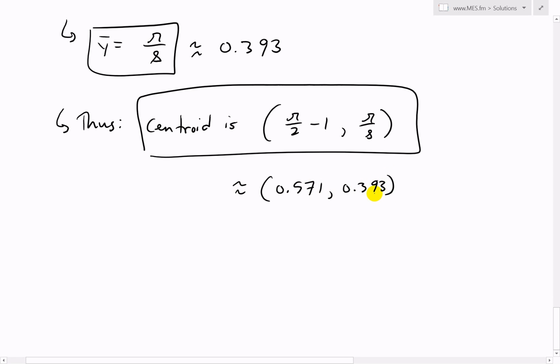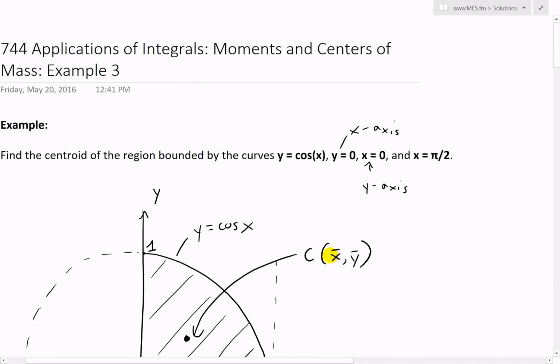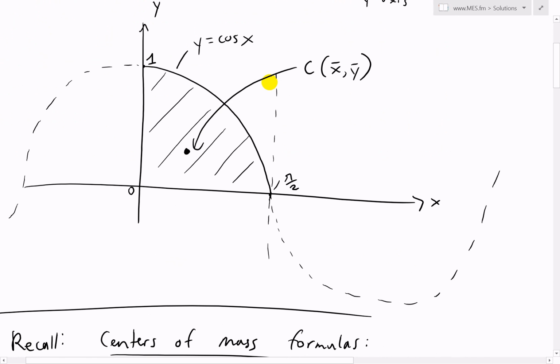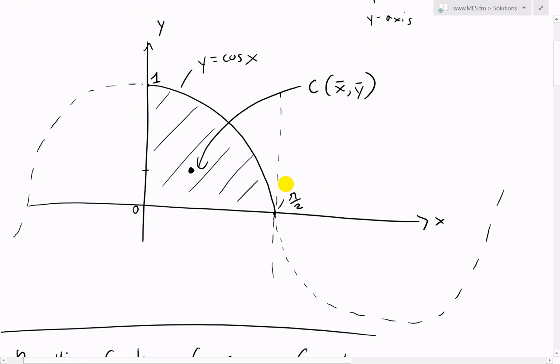And now let's just try to plot this in our graph to see if it's roughly where we assumed it was going to be. So this is 1, so this height here is pi over 2 minus 1 and pi over 8.